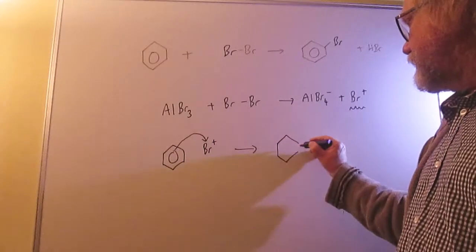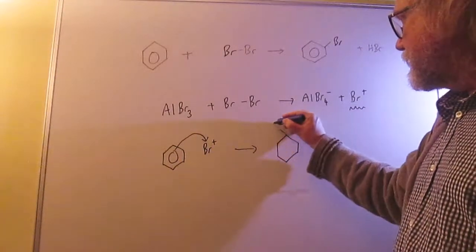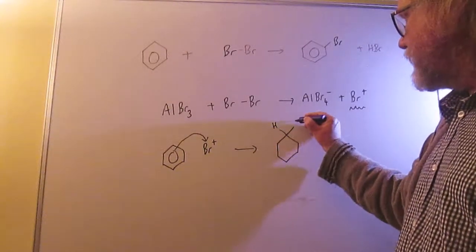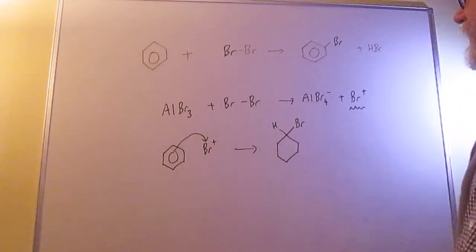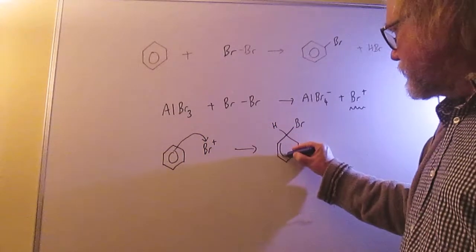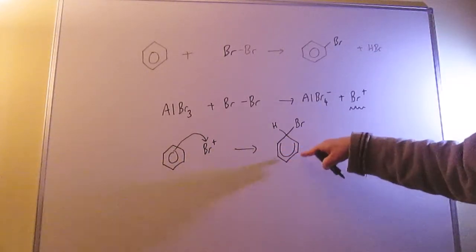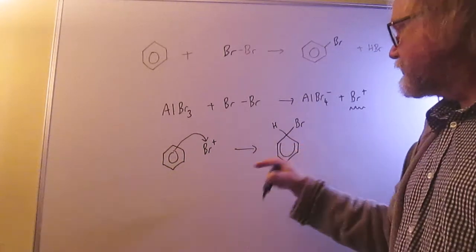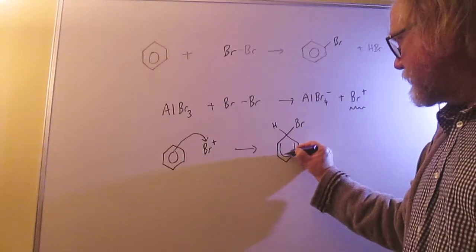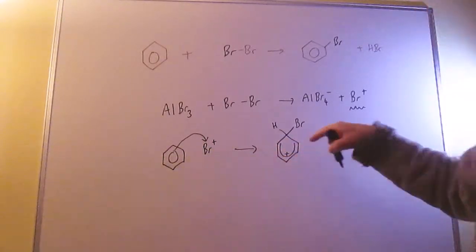and that gives you an intermediate, which you hopefully remember well has this slightly odd structure with a hydrogen and a bromine now attached at that position, and then this horseshoe showing that the delocalization now only goes around the other 5 carbons, and the positive charge which was on the bromine is now shared out amongst those, so we draw it like that.